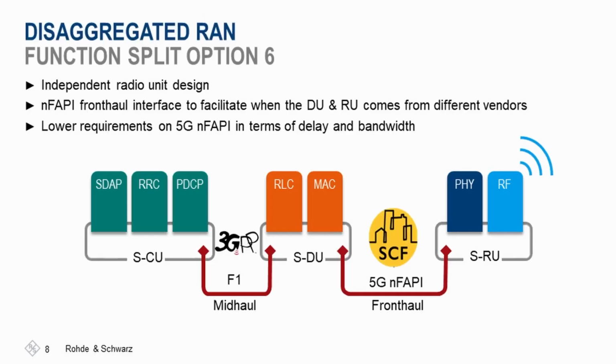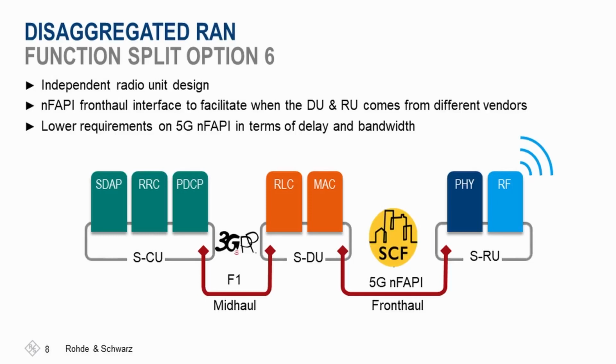So now let's look into the details of functional split option 6. So option 6 here, as you see, there are three different units. The SRU, the radio unit with the PHY and the RF layers. And then we have the SDU, the distributed unit on a separate hardware, which could be an off-the-shelf server PC, and on that are the MAC and RLC layers.